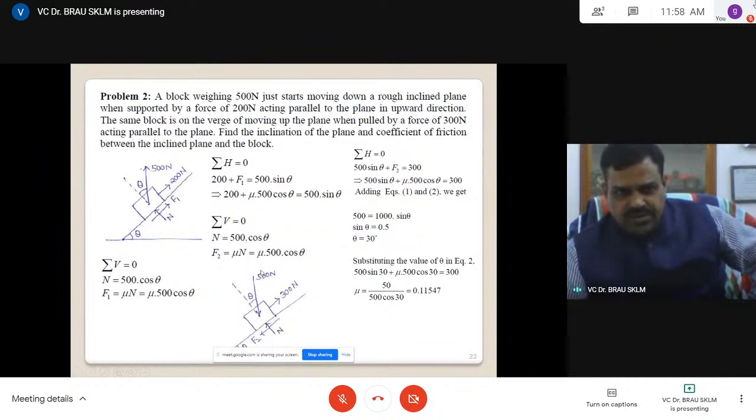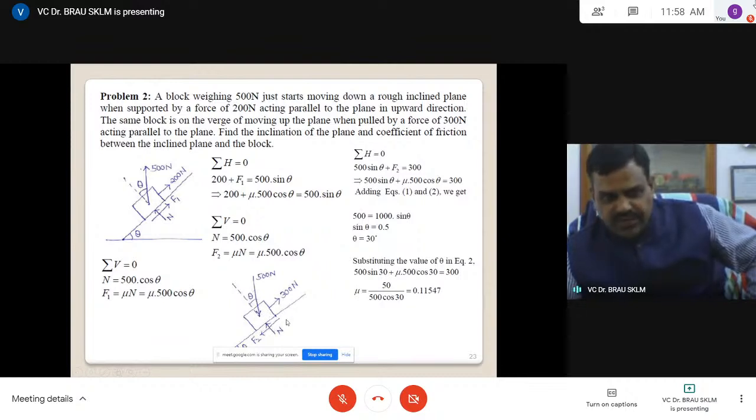Now let us come to here. In this case, starts moving case, F is equal to mu times N. F2, N is equal to 500 cos theta, and 300 is equal to F2 plus 500 sin theta. 500 sin theta is in this direction, plus F2 is in this direction, is equal to 300.